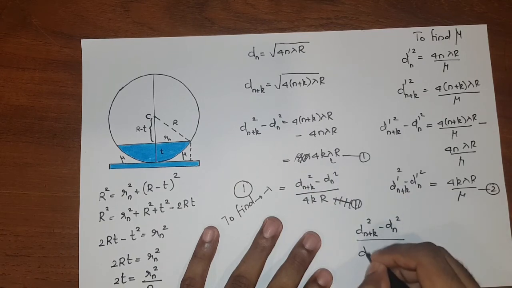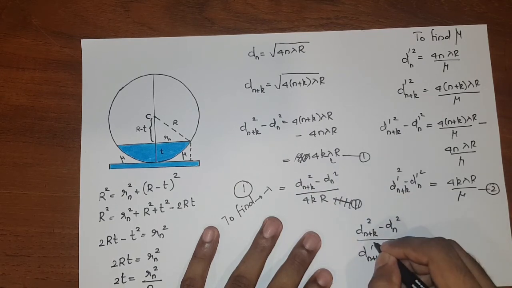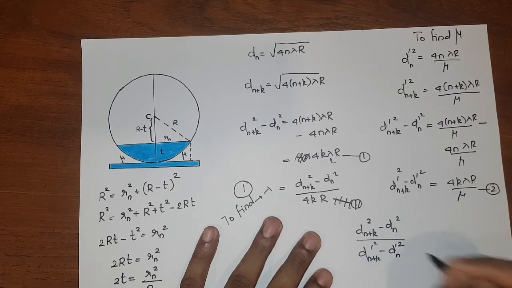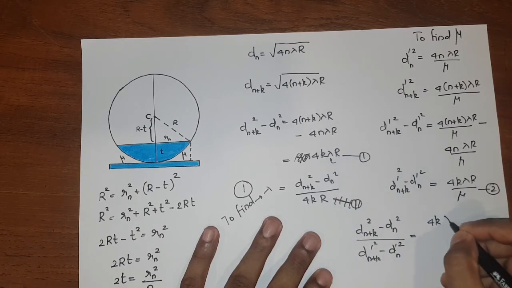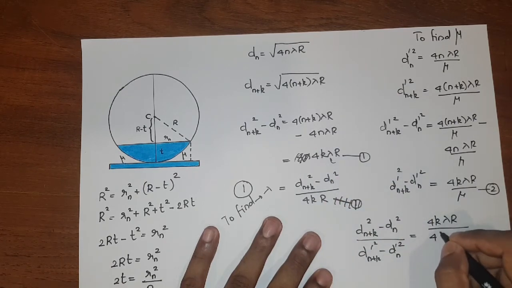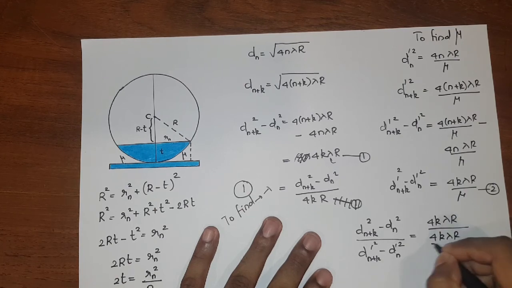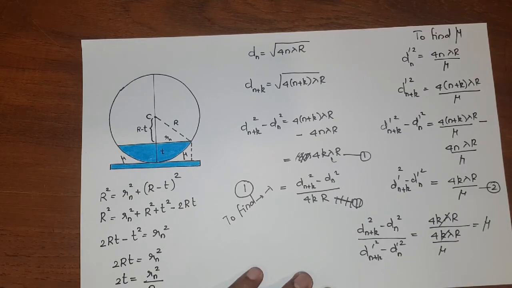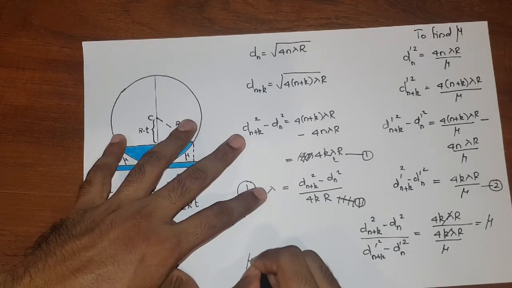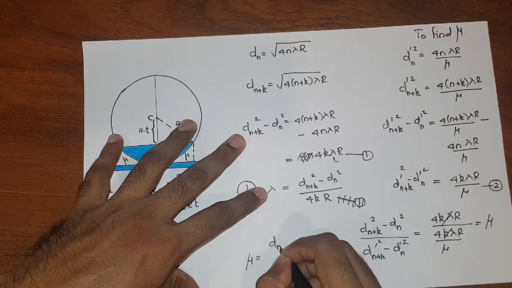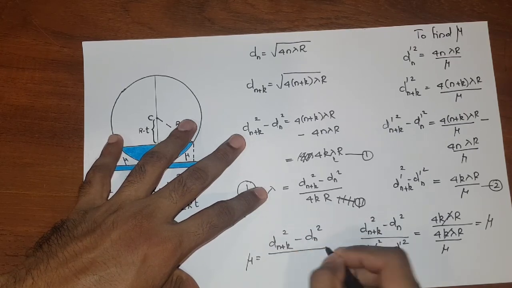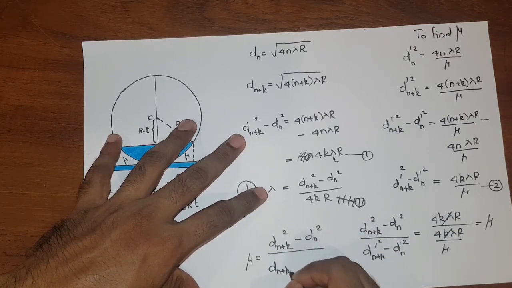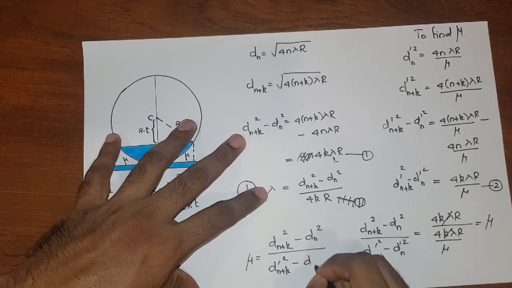Right hand side is D(n+k) dash square minus D(n) dash square equal to 4kλR divided by 4kλR by mu. These things will be cancelled out and this will be mu. So simply the refractive index of the medium will be D(n+k) square minus D(n) square, the whole by D(n+k) dash square minus D(n) dash square.